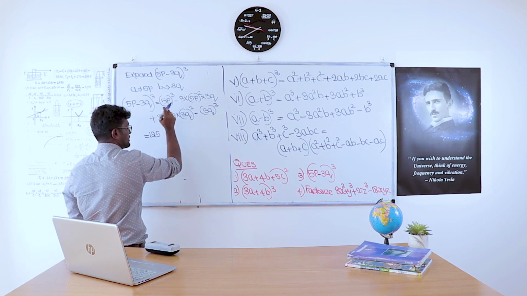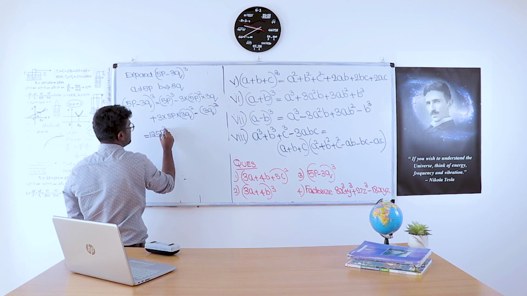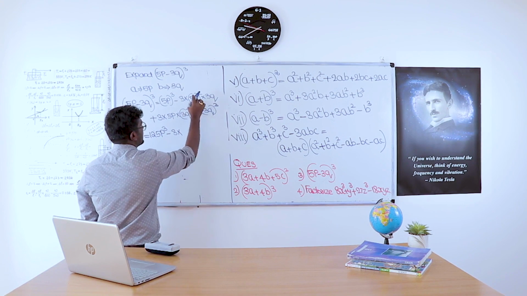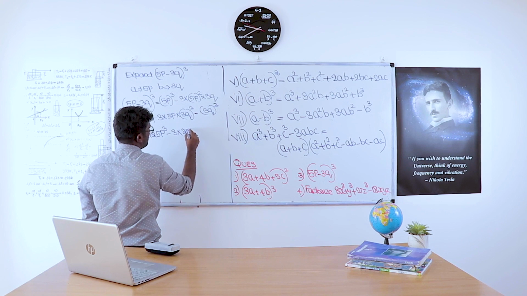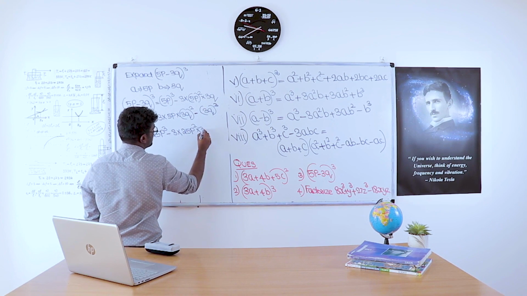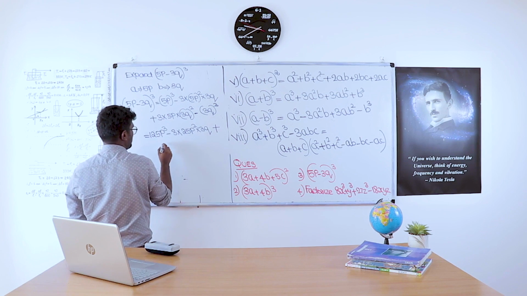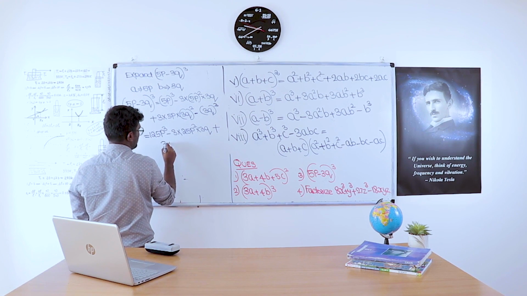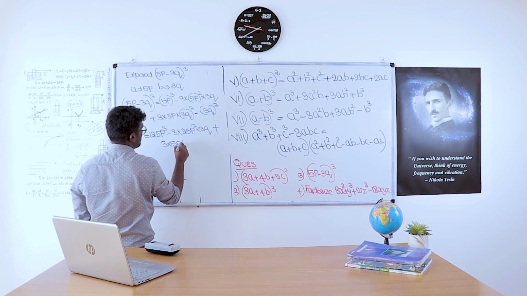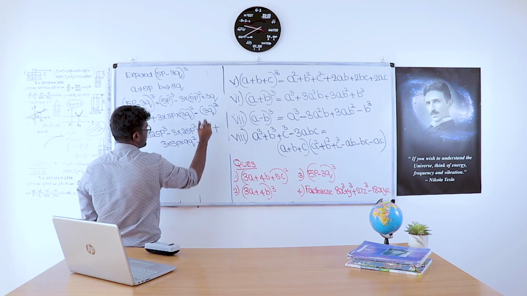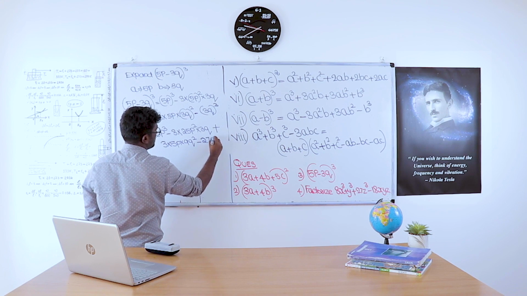5 into 5 into 5. That is 125p cube minus 3 into what about 5 square, is 25p square, into 3q, plus 3 into 5p into what about 3q square, 9q square, minus 3 cube is 27q cube.